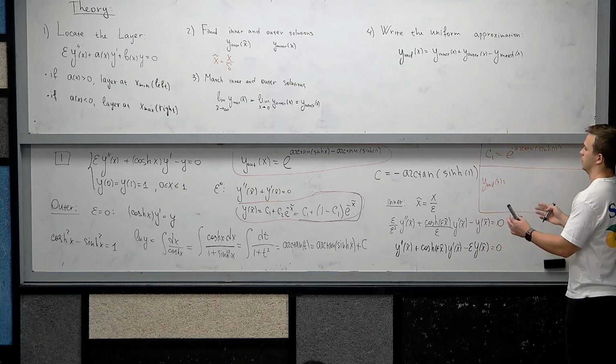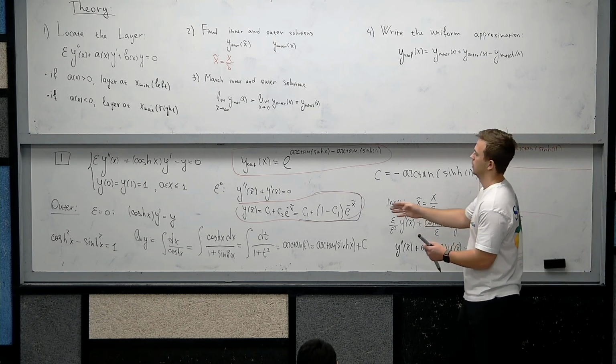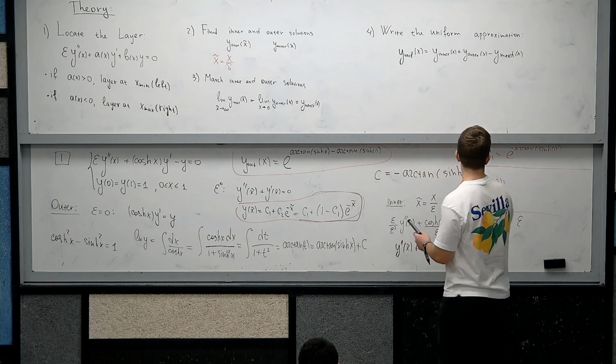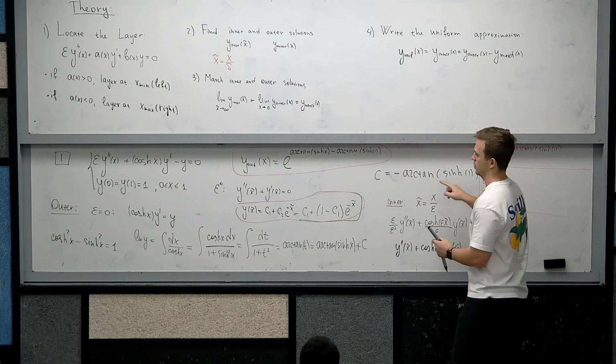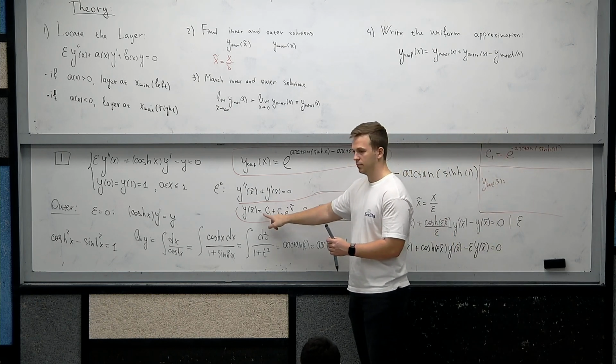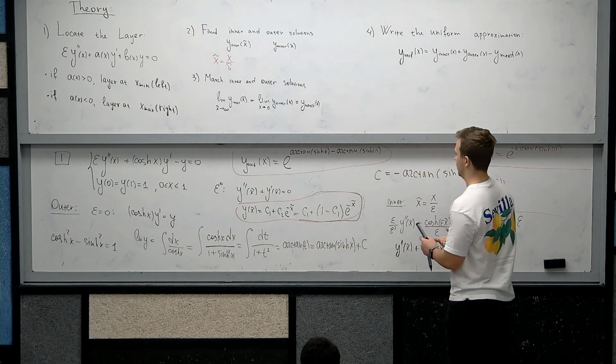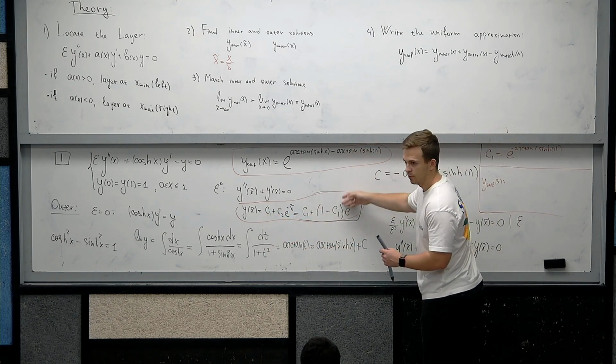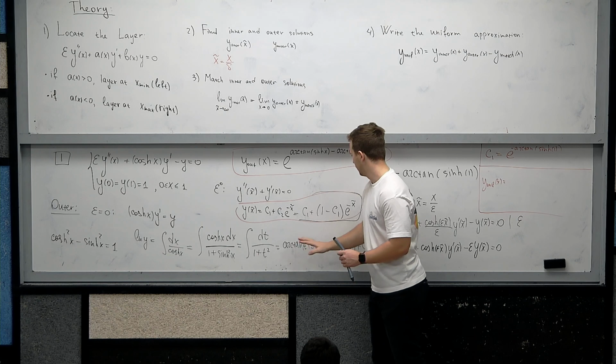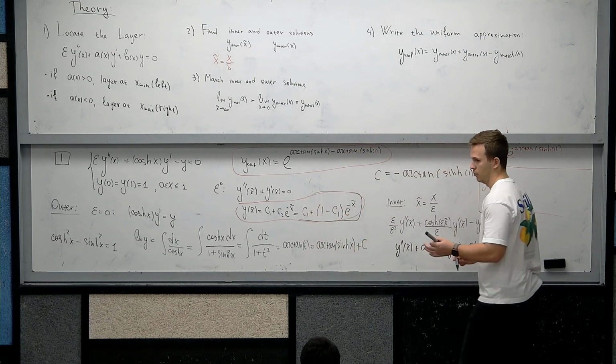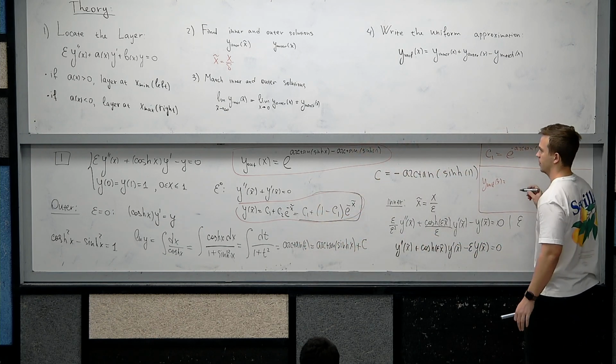We should add inner and outer and subtract c1. Because in the inner solution there is c1, I can just write the sum of those without this term, and that would be the uniform approximation.